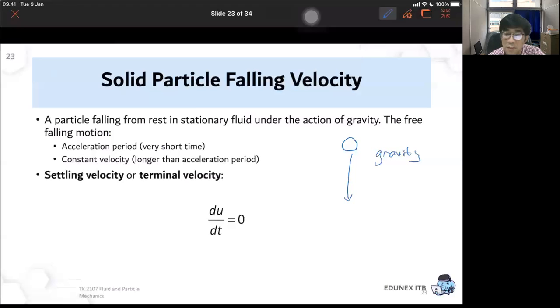So when the particles start from the stationary state, from rest, and then start flowing, and you have stationary fluid, stationary fluid means UF equals 0. Under the action of gravity, we call it free falling condition.